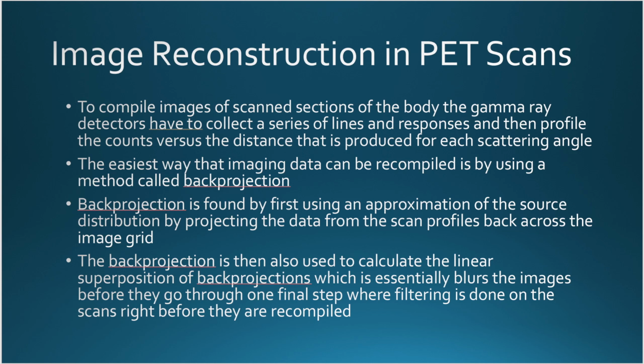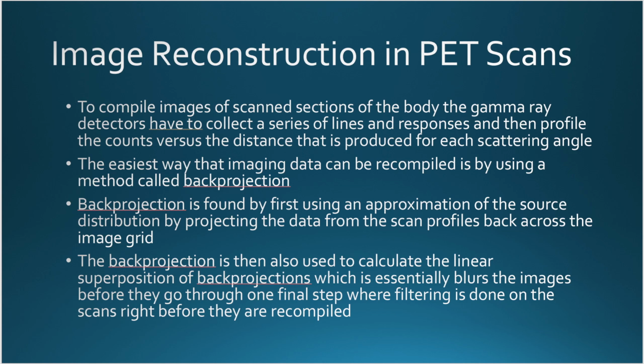Back projection is found by first using an approximation of the source distribution by projecting the data from the scan profiles back across the image grid. The back projection is then also used to calculate the linear superposition of the back projections, which is essentially blurring the images before they go through the last step where they do all the filtering on the scans right before they are finally recompiled.